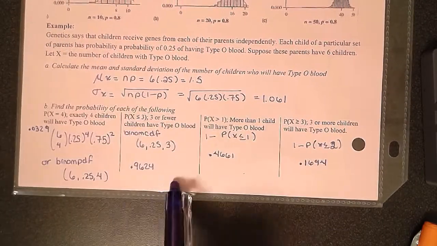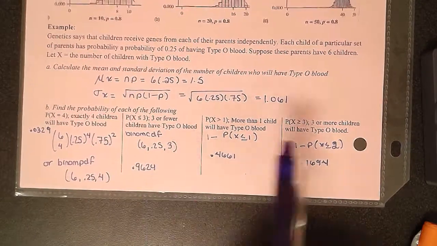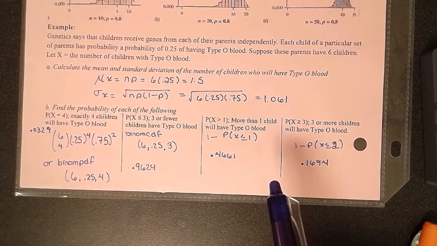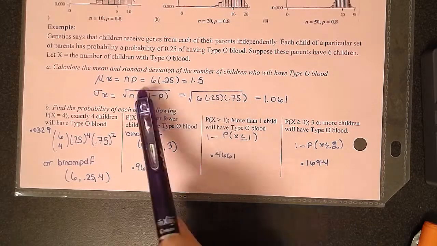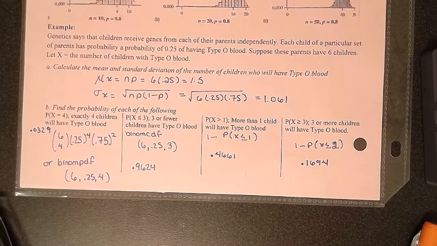For each one of these, I probably would do binomial CDF, but using this, you're going to plug these in, but you first need to calculate your new mean and standard deviation. Okay, so very important when you're doing a binomial distribution or probability that you calculate the mean and standard deviation before you calculate this probability, because you have to plug it into normal CDF.